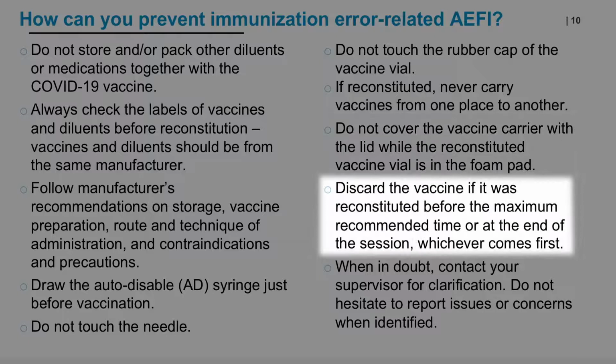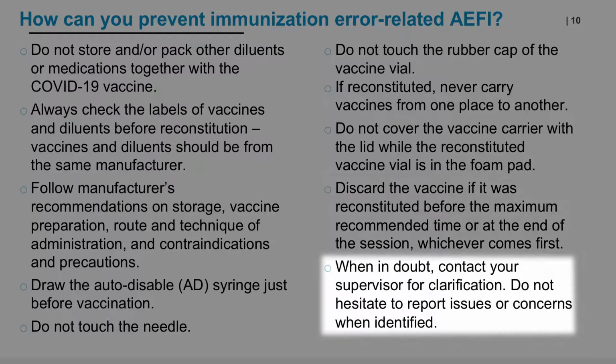Discard the vaccine if it is reconstituted before the maximum recommended time or at the end of the session, whichever comes first. And most importantly, whenever you're in doubt, do contact your supervisor for clarification and do not hesitate to report issues or concerns when identified.